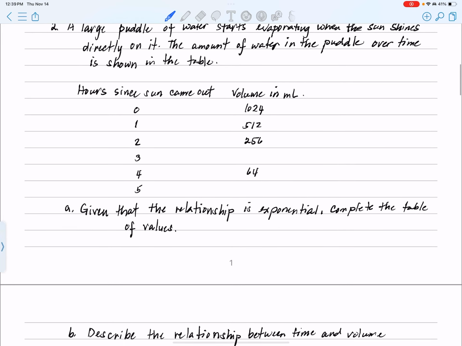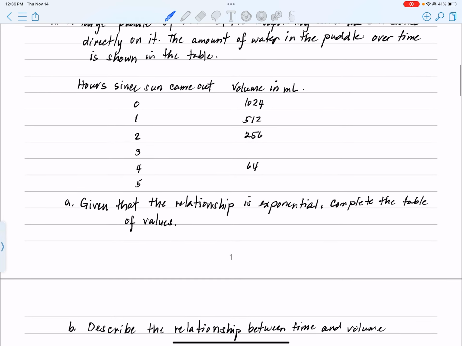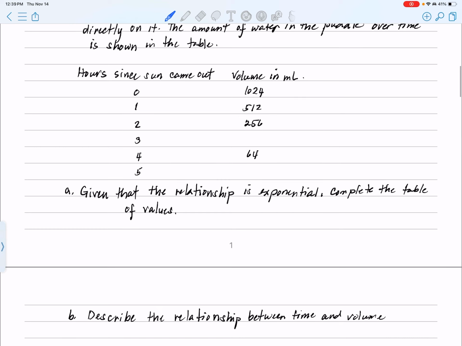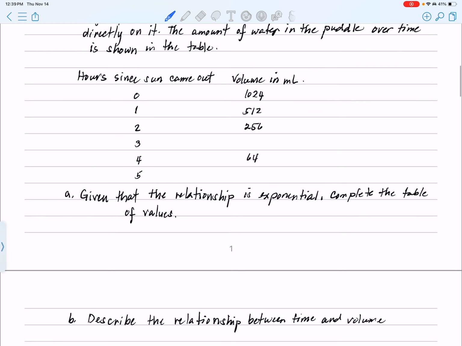Given that the relationship is exponential, complete the table of values. So we want to know the constant factor from here, right?